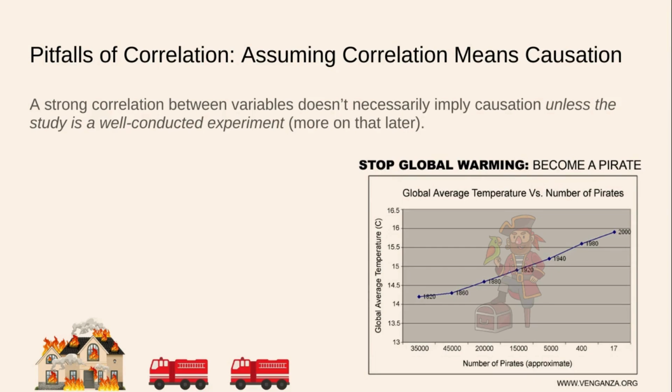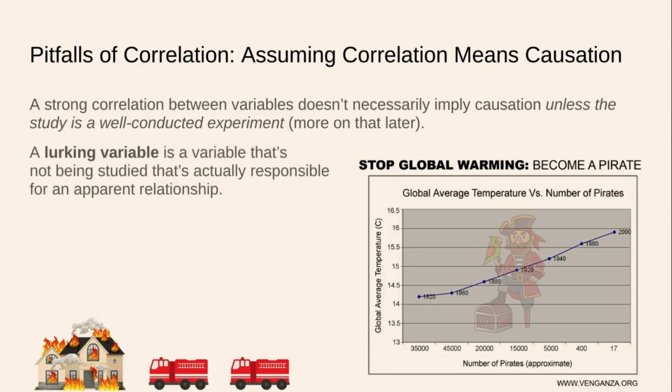That is a technical term, experiment. An experimental study is something we'll talk about in Chapter 12. It's one of two types of studies, the other being observational. Okay? So unless you are conducting an experiment, you cannot conclude that a correlation, even a strong one, implies one variable causes another. Okay? More on that in Chapter 12 about the experiment.